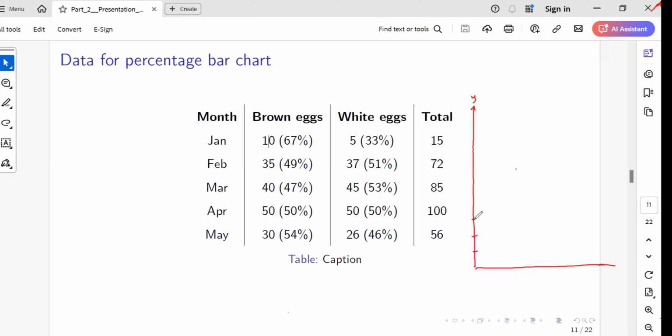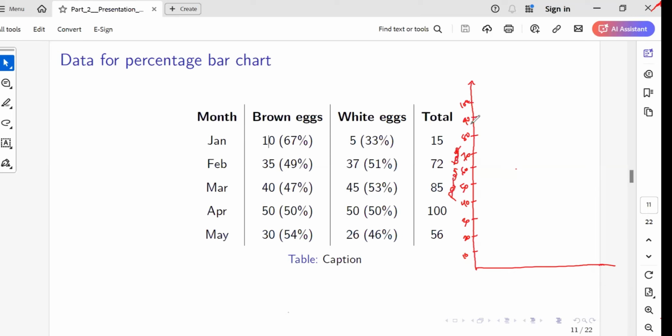So 10, 20, 30, 40, 50, 60, 70, 80, 90, and then 100. So I'm going to label this as percentage.